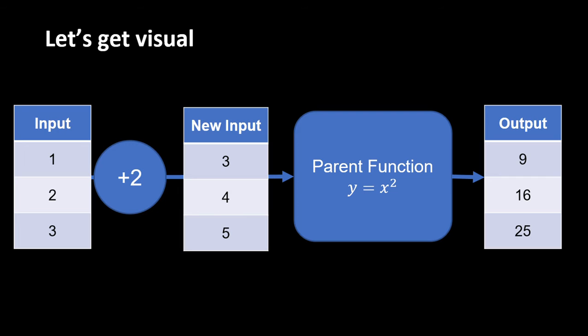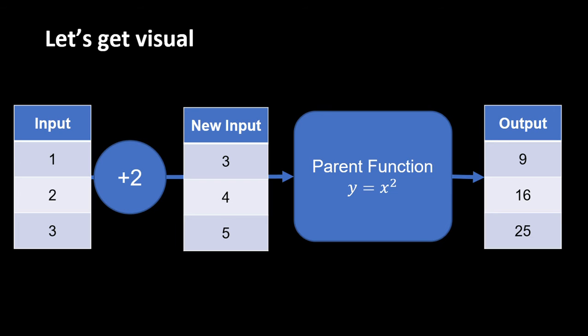We can see that happening here where when the original input was 1, we're adding 2 to that to make the actual input that goes into the function 3. That's what gets squared for an output of 9. So when 1 came in, we actually got 9 out because the function sort of read 1 as actually being 3. When 2 came in, we got 16 out because the function squared 4 instead of 2.